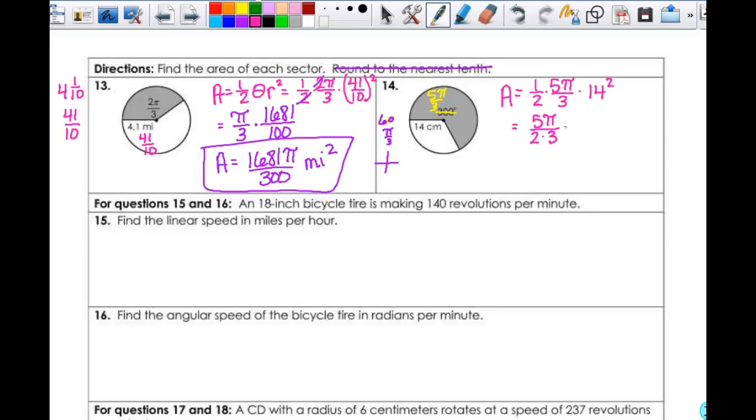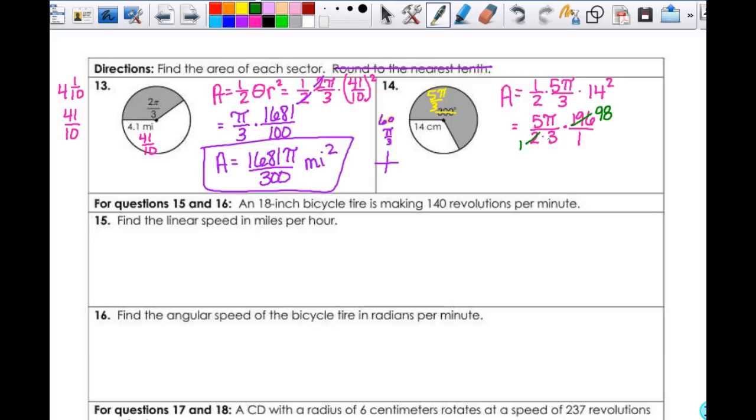3 times 196 over 1. Then I can reduce this. I can reduce the 2 and the 196, so give me 98. And then the only thing I have left there is a 3, and 98 is not divisible by 3.